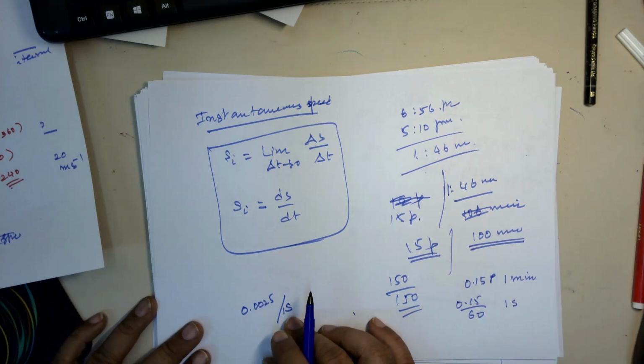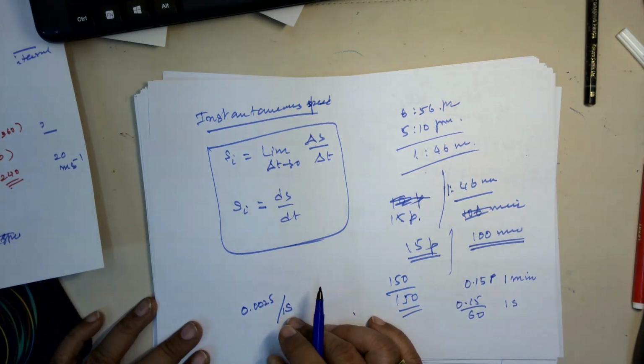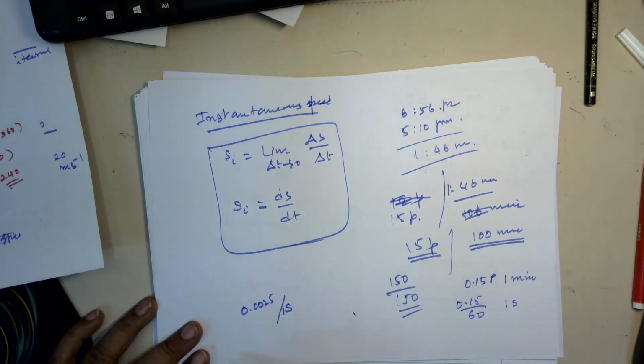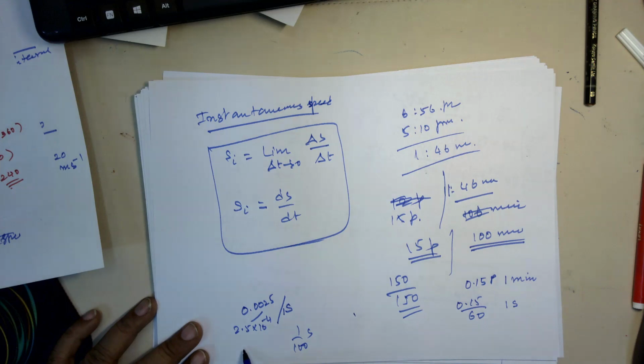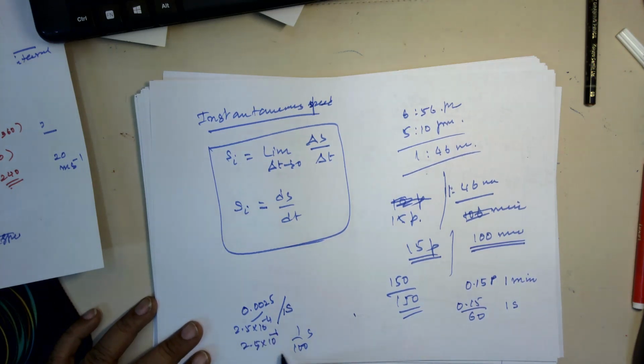Now in a split second, say about the 100th of a second, how much would you have learned from me? It means 2.5 into 10 power minus 4 pages, and here you will get 2.5 into 10 power minus 6 pages. Are you able to understand this?